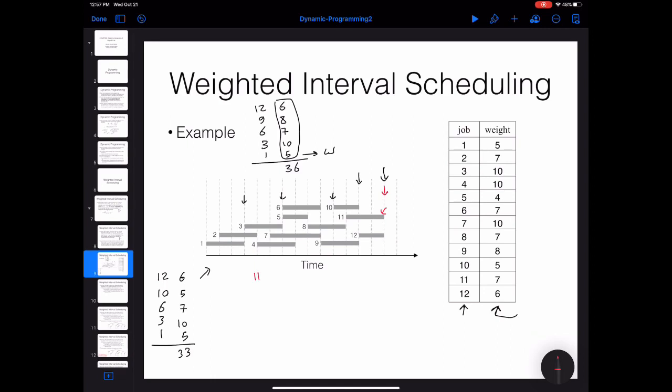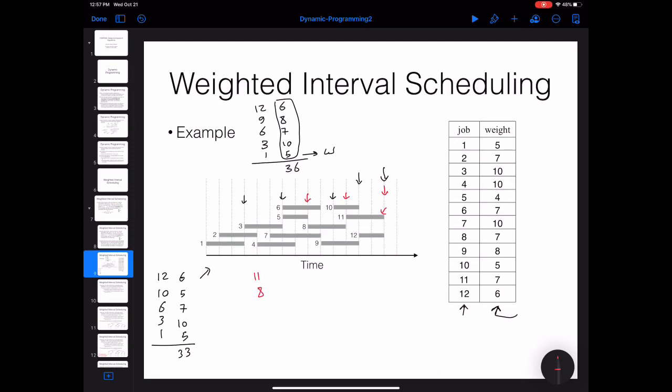And then I can't choose anything else until this point. So it means that I can't choose 10 or 9. It forced me to choose 8. There is no tie to break, so I would take 8. And I cannot take any more job until this point, until you reach the beginning of 8, right?